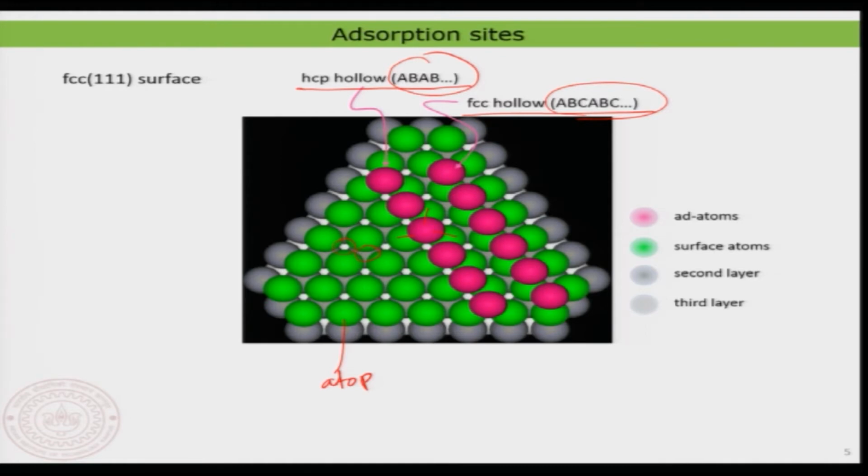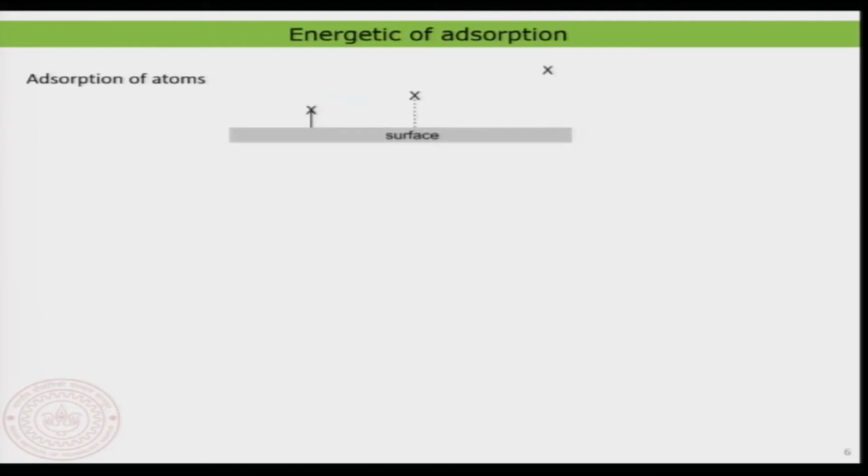Now, once you have understood the adsorption sites, what I want to discuss with you is the energetics of the adsorption. What are the important energies that we need to keep in mind when we understand the adsorption of an atom onto a surface?